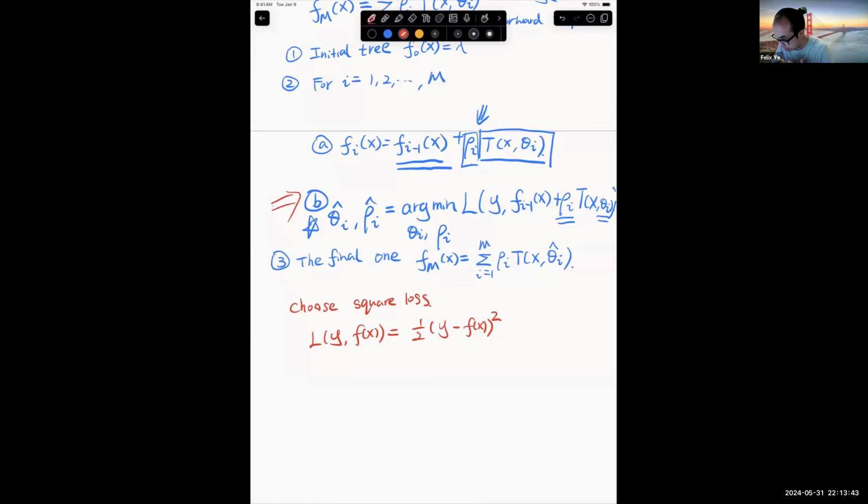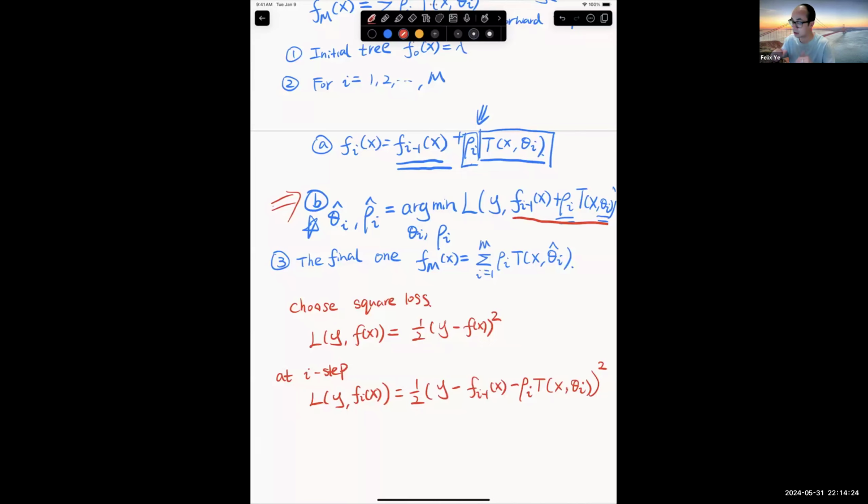You can plug in at step i. So this is 1/2 of (y minus f_{i-1}(x) minus rho_i t(x; theta_i)) squared.